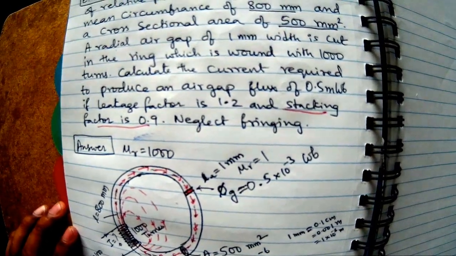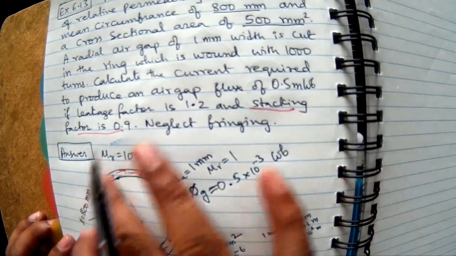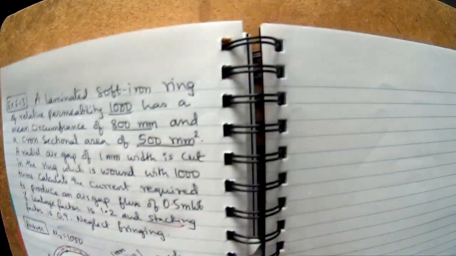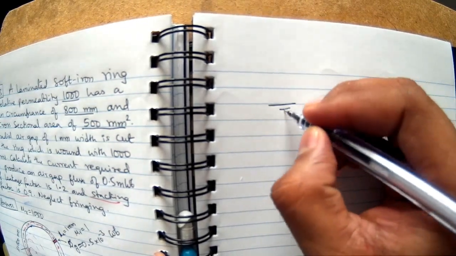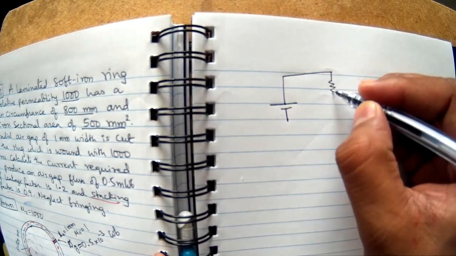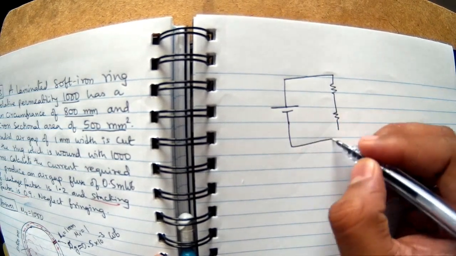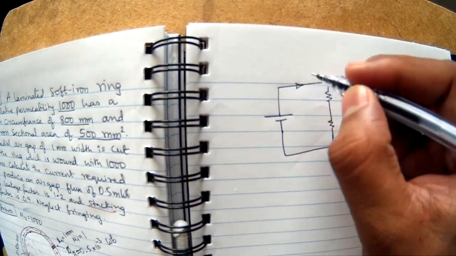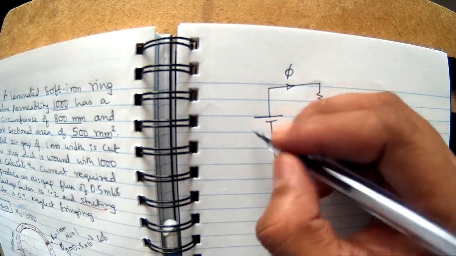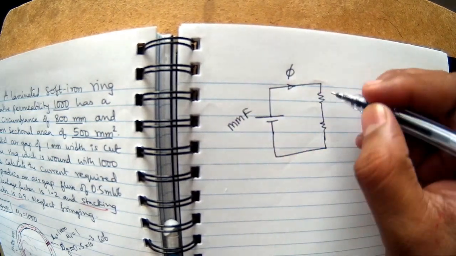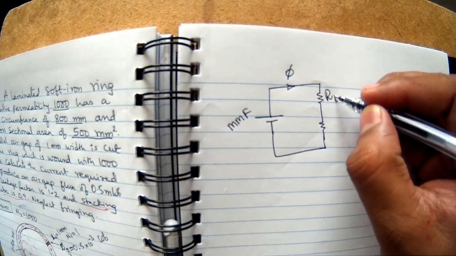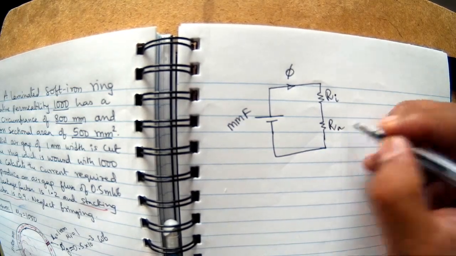So the next step is, because it's a circuit, you can form it as an electrical analog. Let's say there is a voltage source, and then let's say there are two resistances. The current is nothing but the flux, and the voltage is nothing but the MMF. And then the reluctance of the iron and the reluctance of the air gap.